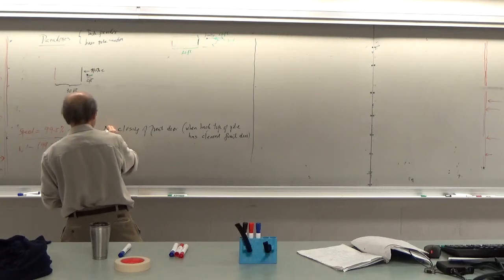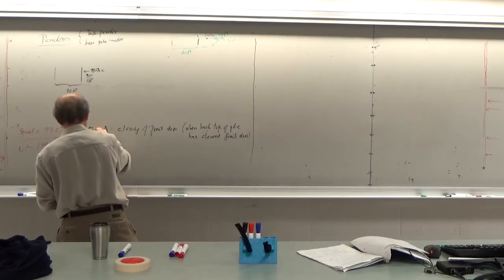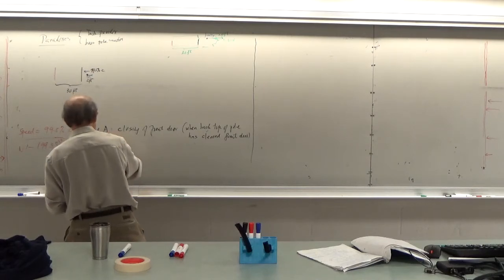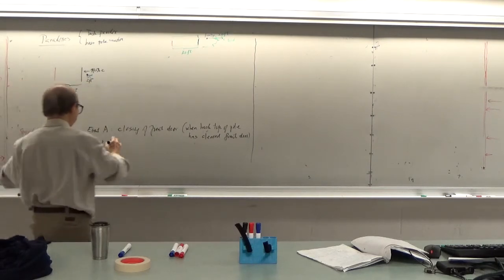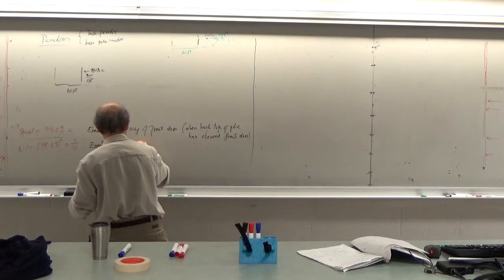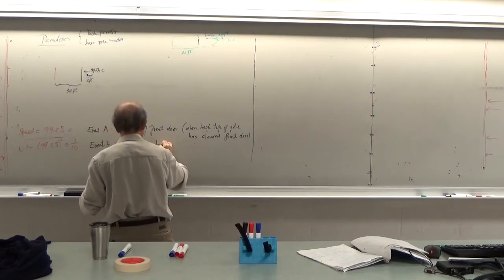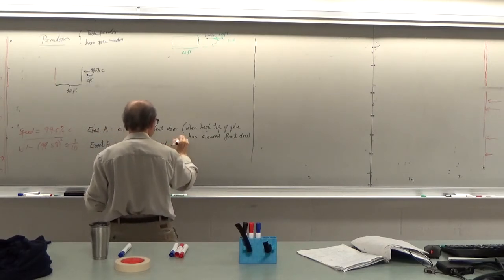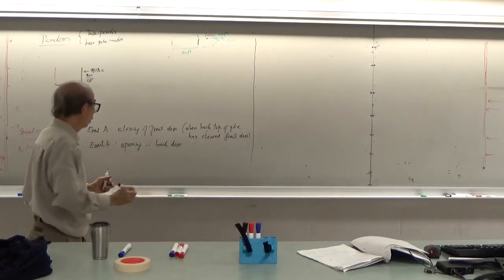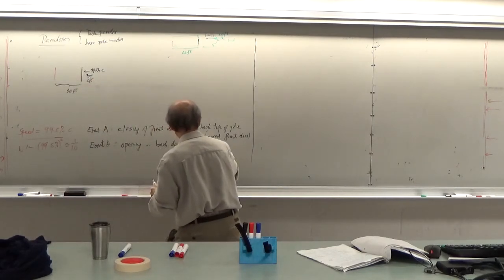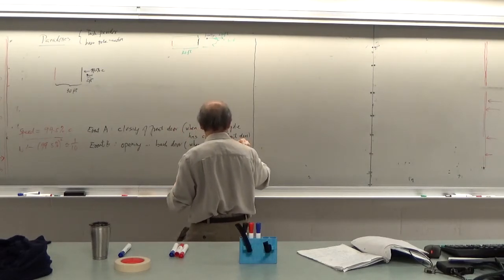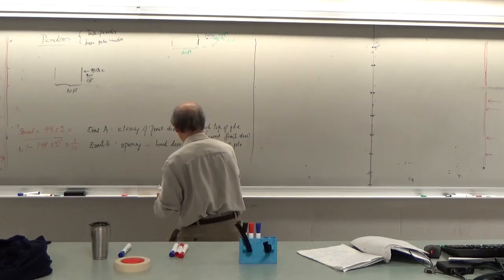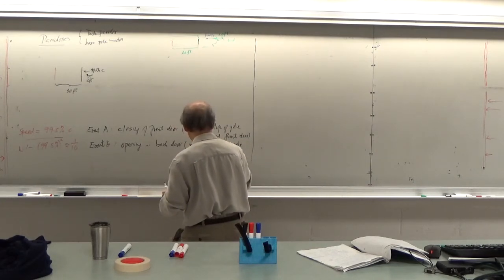Let me call it event A. The second event that we would like to compare with event A is event B. This would be the opening of the back door when the front tip of the pole gets to the back door.